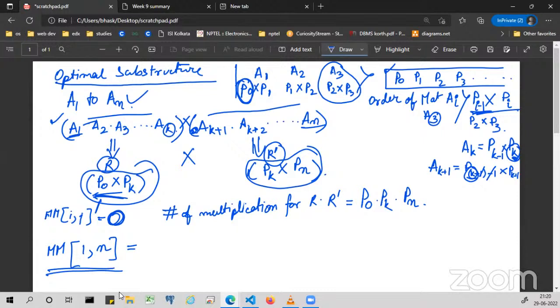Okay. So what I am writing over here, now see this, MM[1][N] is equal to, what I do is I find the minimum, and this is running for k equal to 1 to n, right? I'm putting k in any one of the places in between. Minimum of, I write matrix multiplication of 1 to k plus, same thing, I'm just writing it in the form of a program, the normal programming way.